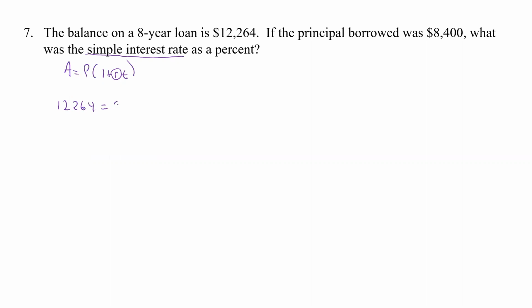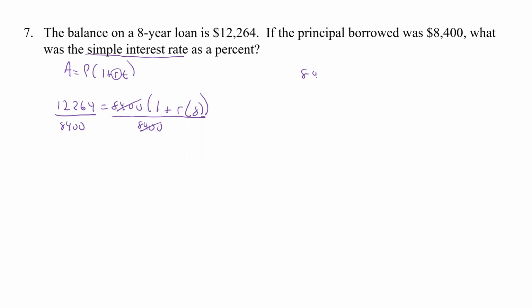So that says 12,264 equals 8,400 times 1 plus R times T, and T is 8. All right, so what do we need to do here? First off, we need to divide by 8,400. When we do that, that cancels, and then we have to do that division first.